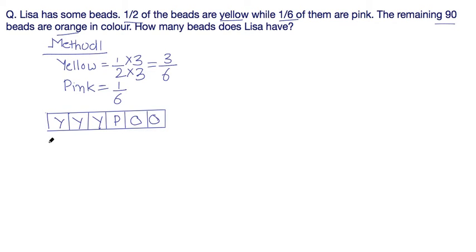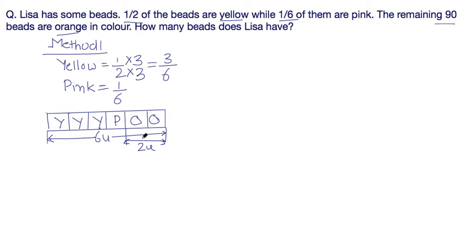So you can see here that the total number of beads is how many units? 6, right? Out of 6, how many are orange? Obviously 2, so this is 2 units.